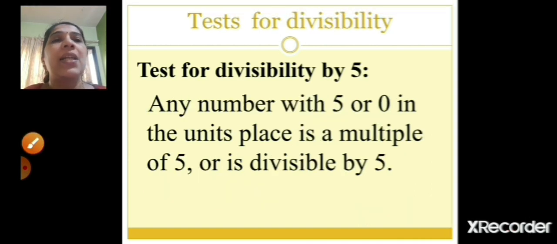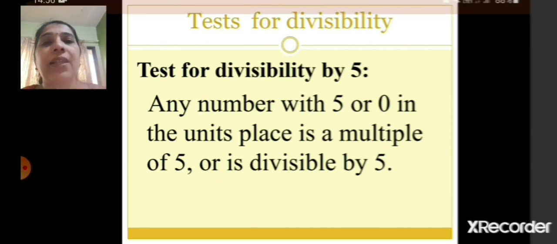Next is the test for divisibility by 5. Any number with 5 or 0 in the units place is a multiple of 5 or is divisible by 5. So you are going to see that the units place is either 0 or 5.